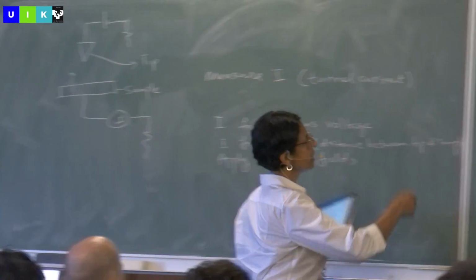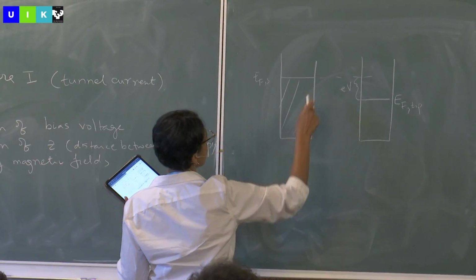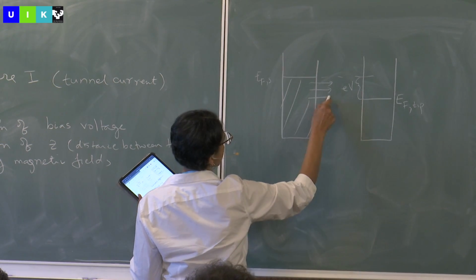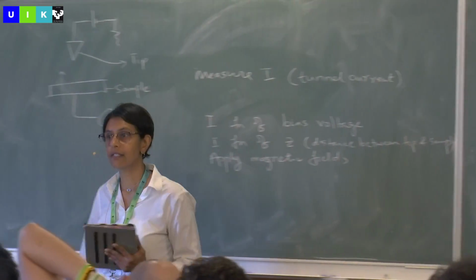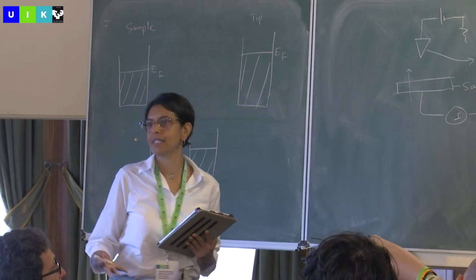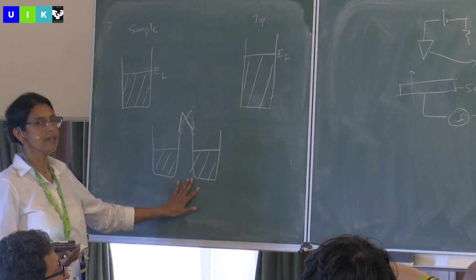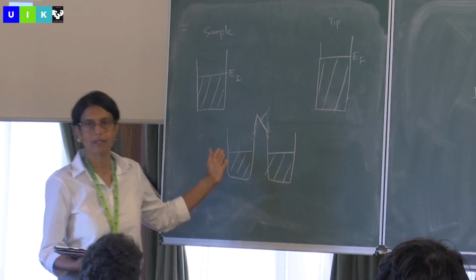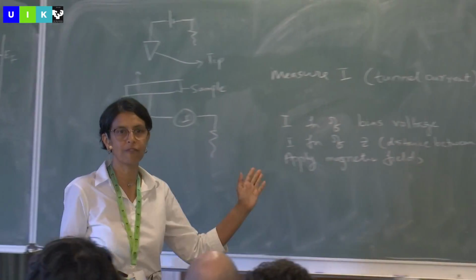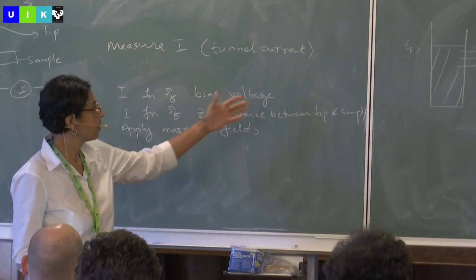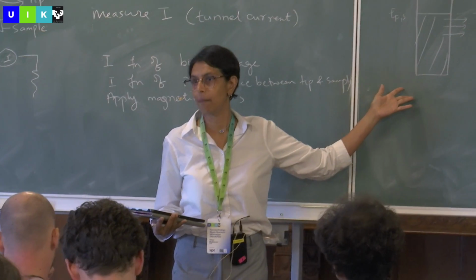You've applied a potential difference, and now you can easily see that you can tunnel electrons from the filled states of the sample to the empty states of the tip. You couldn't do that earlier because of Pauli exclusion. You can't tunnel from filled states to filled states. So this is the picture I want you to keep in mind.